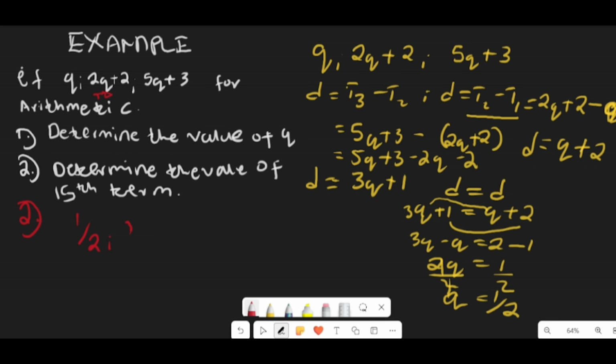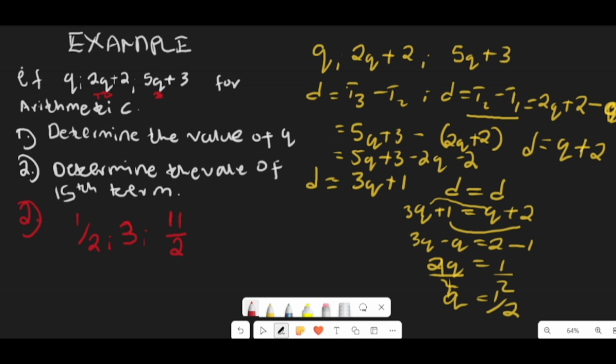Please substitute in your calculator, and you would see it gives you 3. And if you substitute q here again, on 5q, you're going to have 11 over 2.